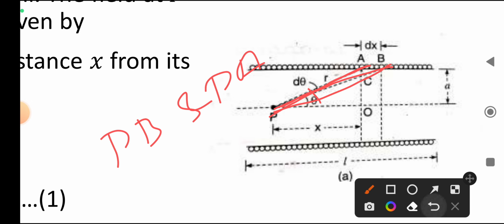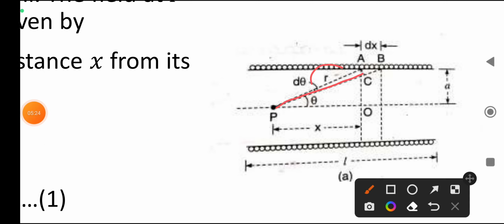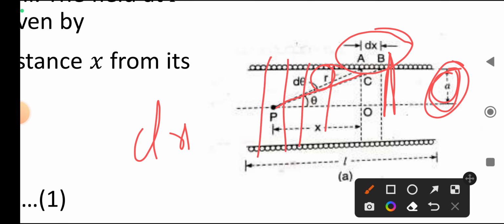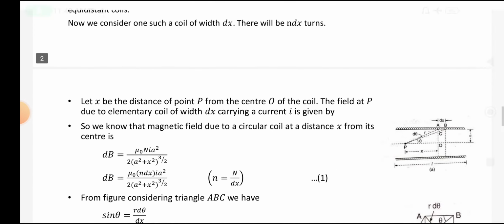They are at a distance small r. Let A be the radius of the solenoid, and dx is a small piece. Many pieces are divided, among them it is one small piece. See, it is the total length. So keep this picture in mind.